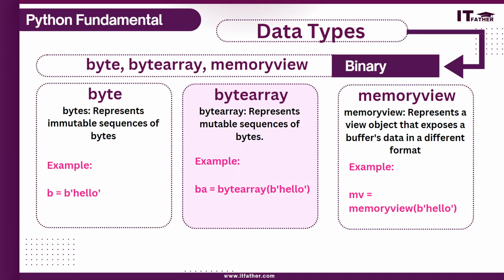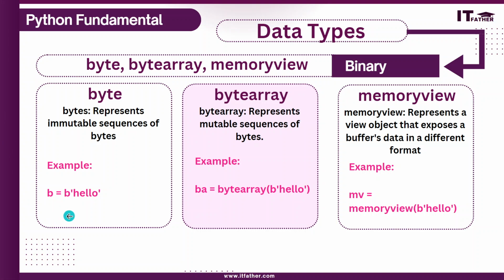Now we have another type of data in Python, which is binary. In binary format we have bytes, bytearray and memoryview. These are new types added in the newer versions of Python; earlier they were not there, like in Python 2. Bytes represents an immutable sequence of bytes.